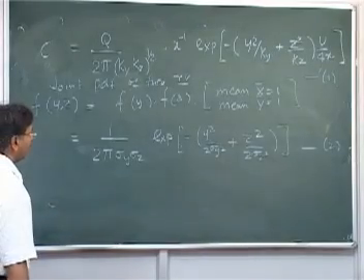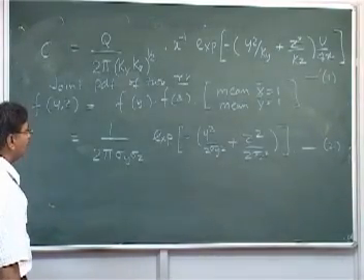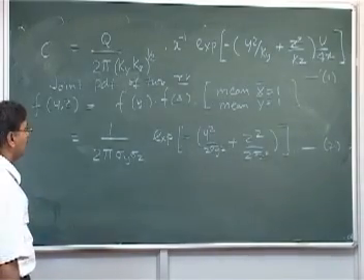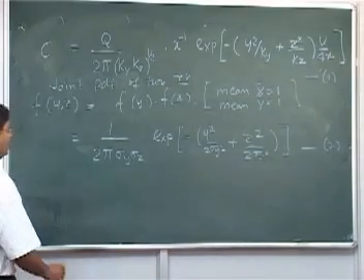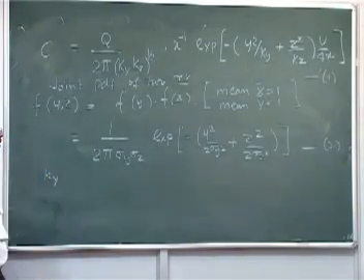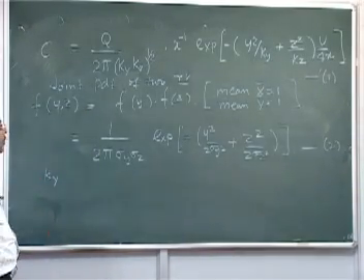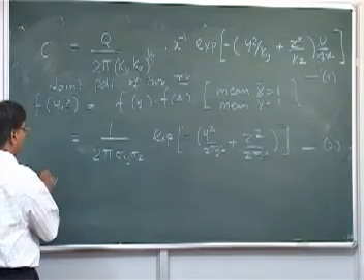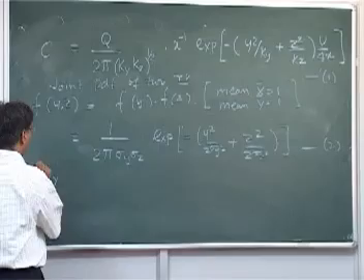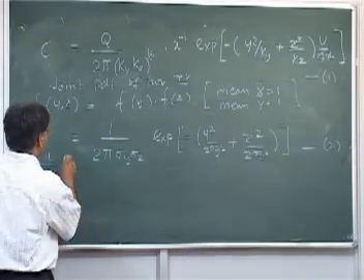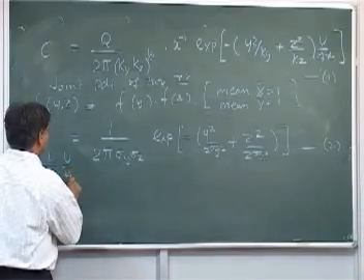Let's do a few things. Ky, that is coming from there, or rather 1 upon ky times u upon 4x.